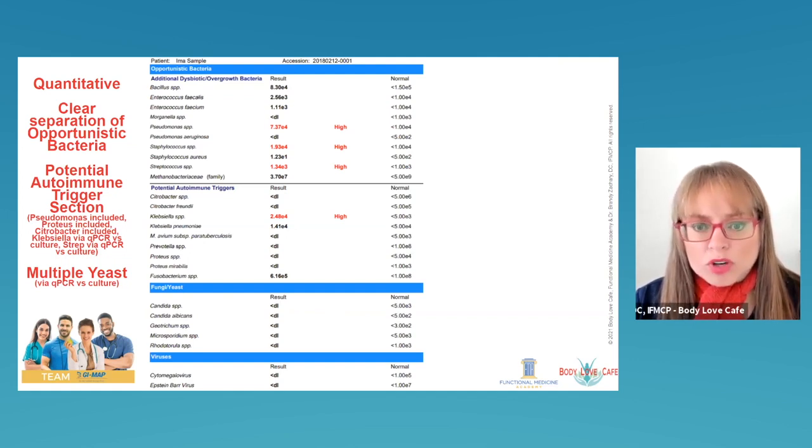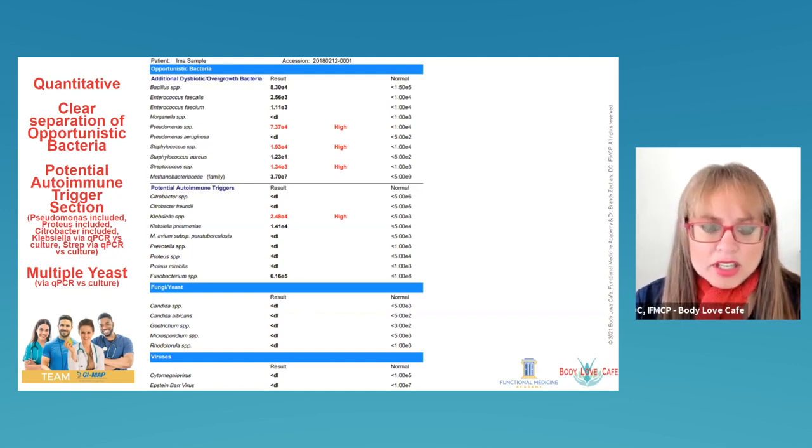And if it's there, we want to know, and this one can be serious. And then there's multiple yeast markers, and you can do the research for yourself, but for yeast and parasites and many of these markers, quantitative PCR is the most sensitive test.